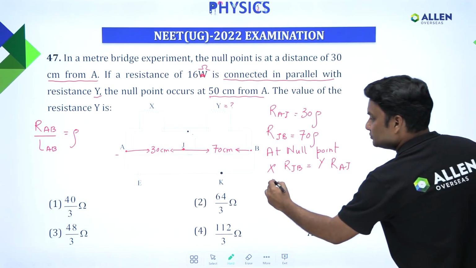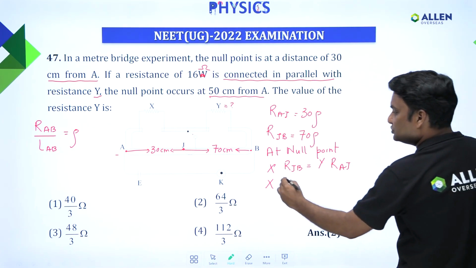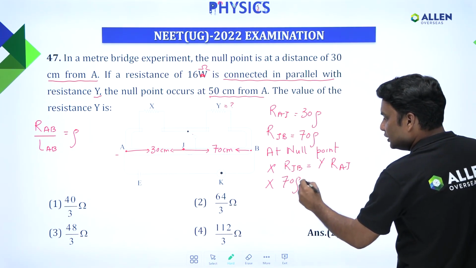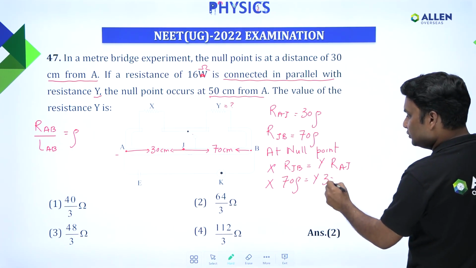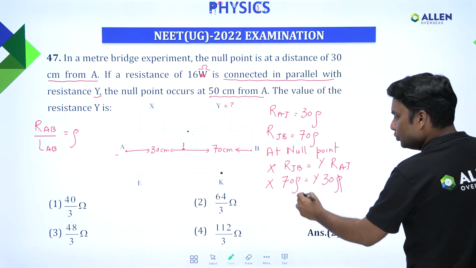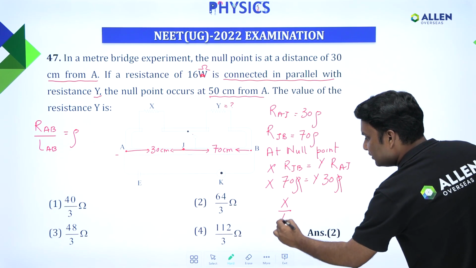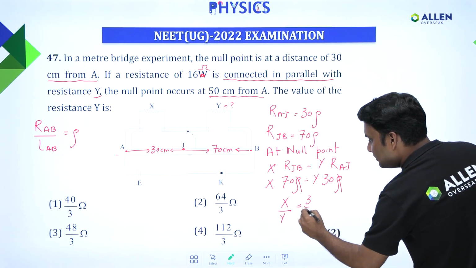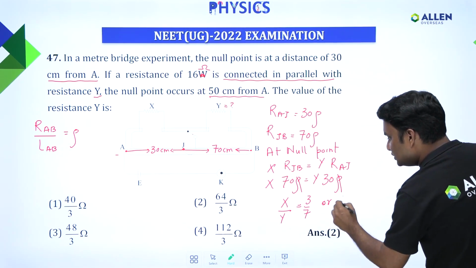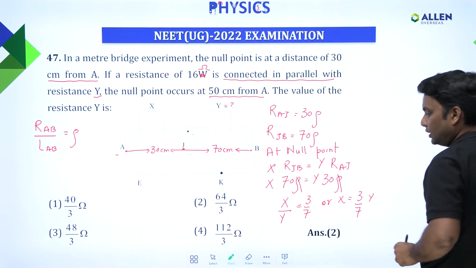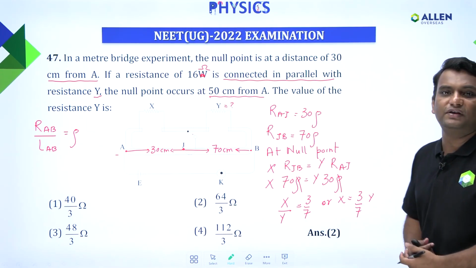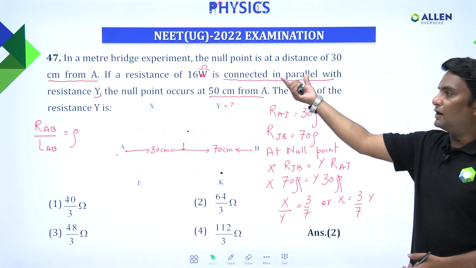So X into 70 rho is equal to Y into 30 rho. This rho and rho cancel. So X is to Y is 3 by 7, or I can also say X is equal to 3 by 7 into Y. This is the first part of the question.